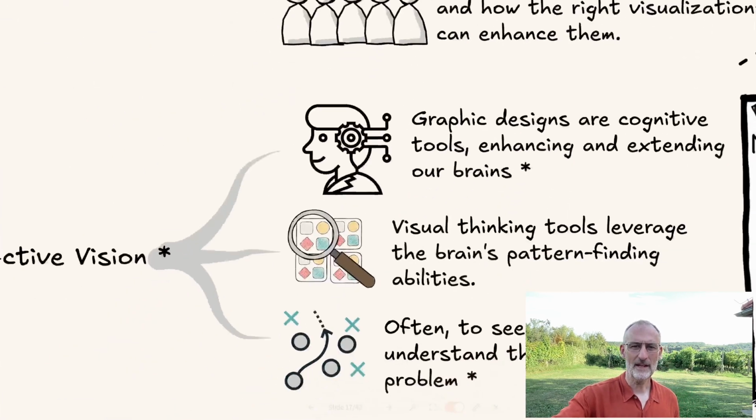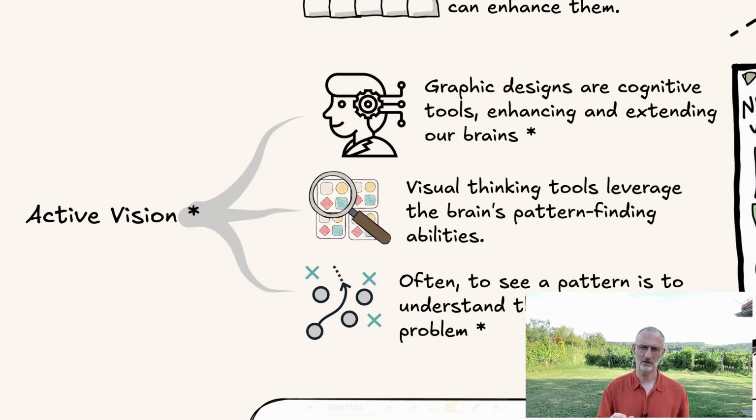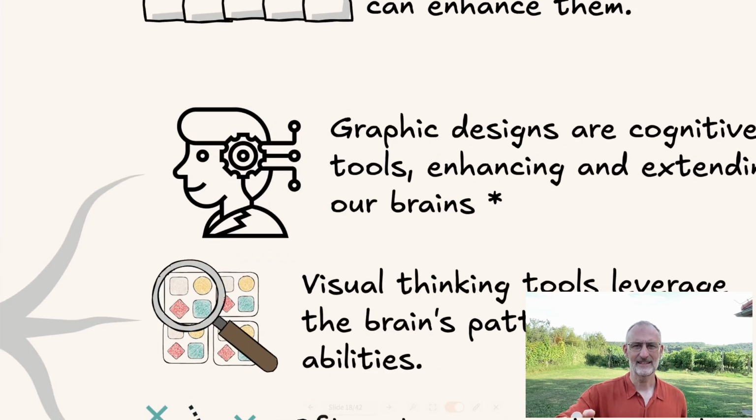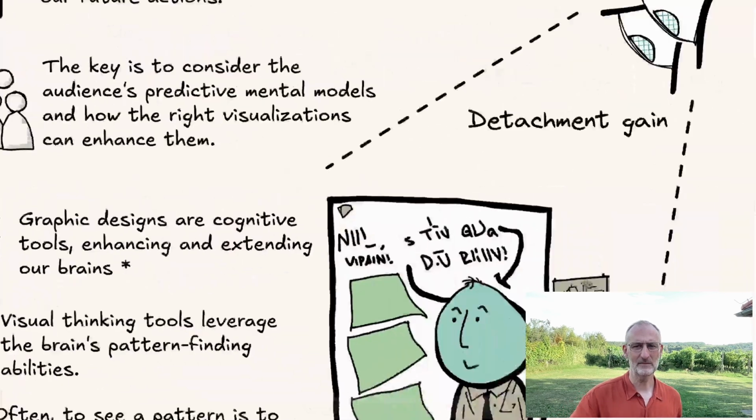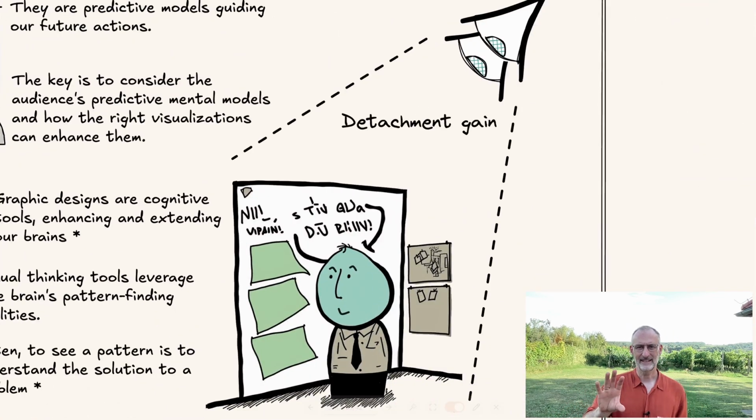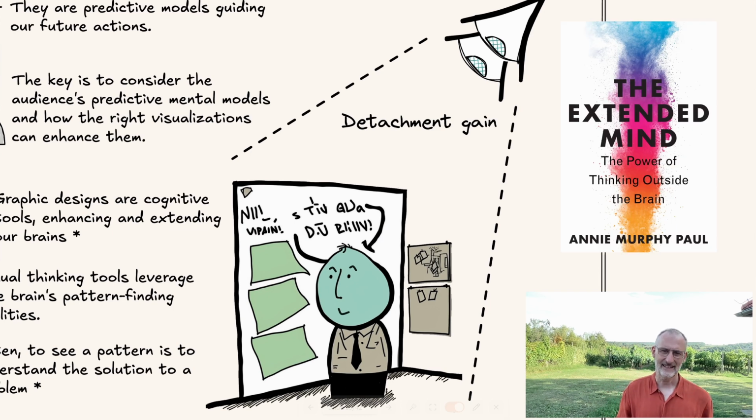Now, moving on, the other concept that Colin mentions is active vision. He starts with the idea that graphic designs are cognitive tools. They enhance and extend our brains. This reminded me of the idea of the detachment gain that I read in The Extended Mind by Annie Murphy Paul.